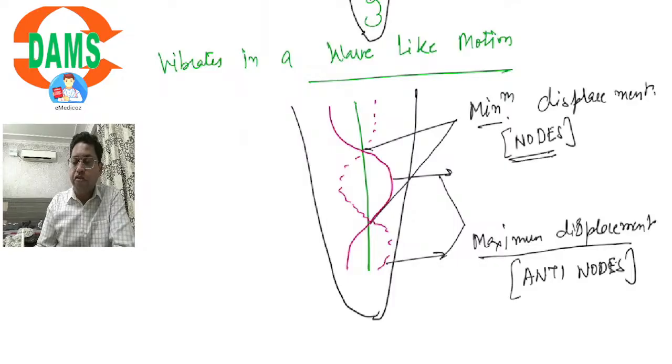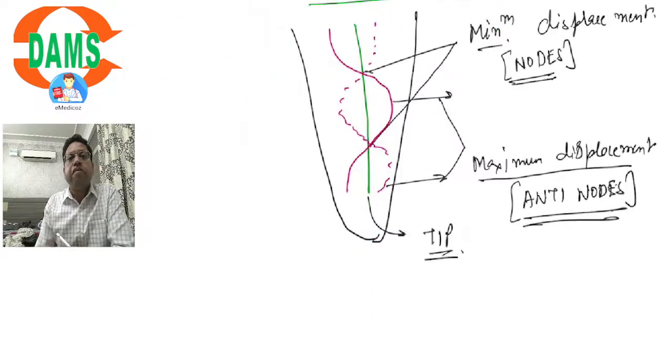So there would be formation of nodes and antinodes whenever the file is suspended from an ultrasonic handpiece and vibrated. And at the terminal free tip of the file, there is always formation of an antinode. There would be maximum vibration.